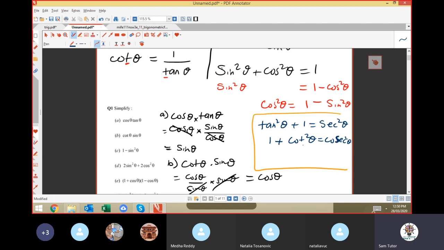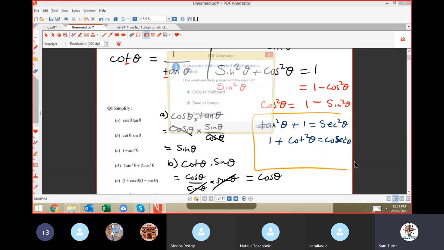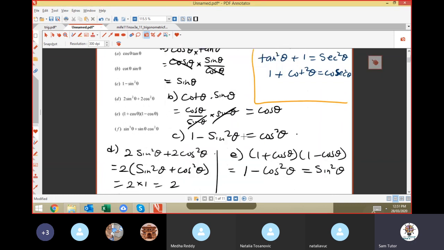So tan squared theta plus 1 becomes sec squared theta. A little bit of memorizing there as well. So I'm going to take a screenshot of that. We'll bring it down.